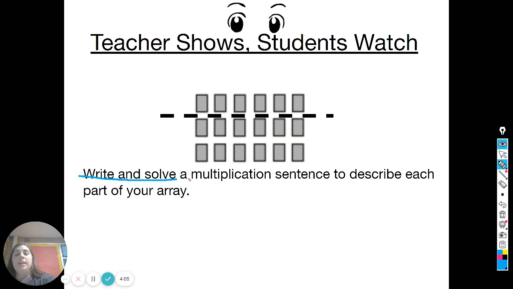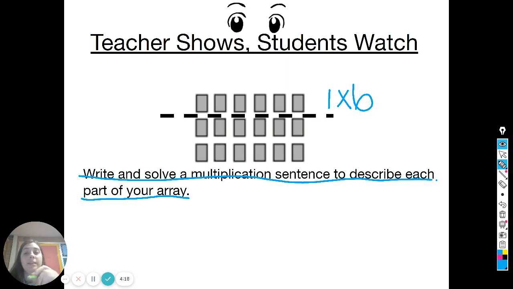Now I need to write and solve a multiplication sentence to describe each part of your array. Well, up top here, I have one row of 6, okay, because there are 1, 2, 3, 4, 5, 6 strings on the guitar, and that equals 6, because we just counted them. There's only 6 in that row.